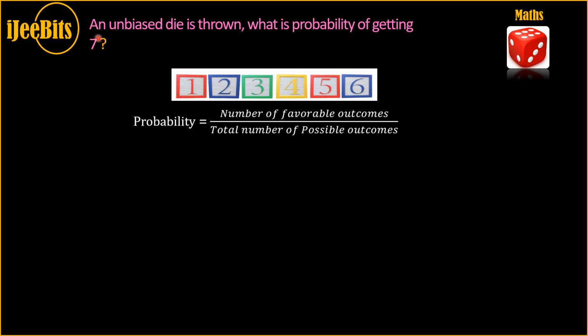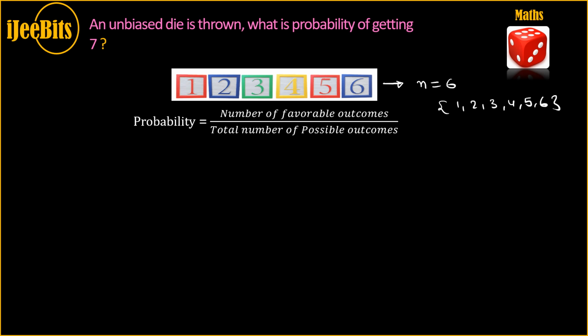So this is the interesting case. An unbiased die is thrown. What is the probability of getting 7? Is it not interesting? It's quite simple, but just to understand what the favorable outcomes are. So the number of events n equals 6, because 1, 2, 3, 4, 5 and 6 are the events.